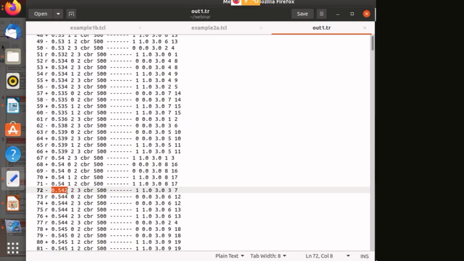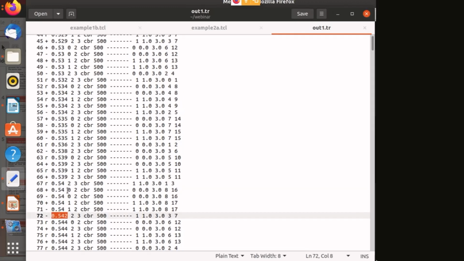So 13 millisecond is the time for which packet ID 7 was in the queue. So the queuing delay is 13 millisecond for this packet. In case of packet ID 0, it was 0 millisecond, but for packet ID 7 it is 13 millisecond.